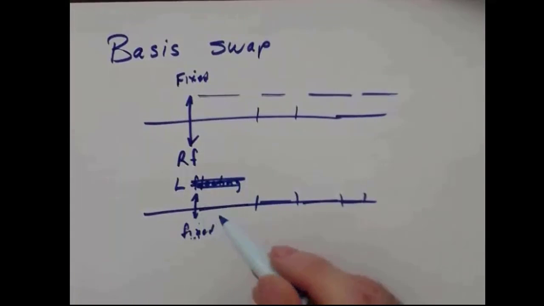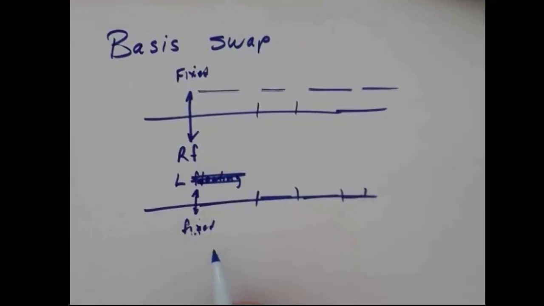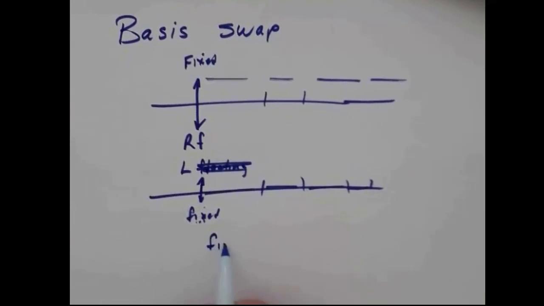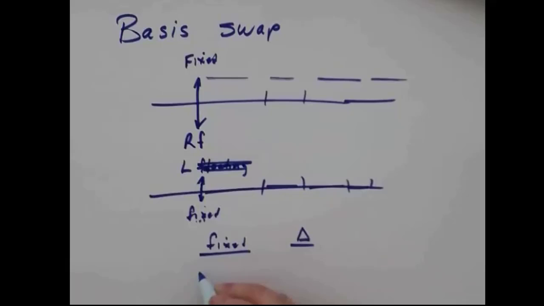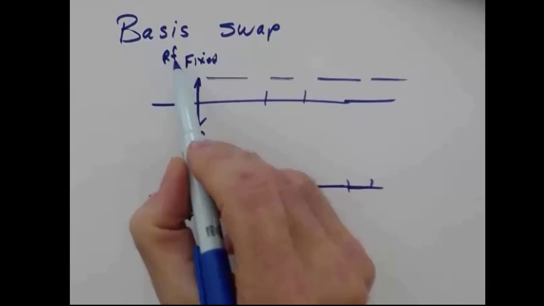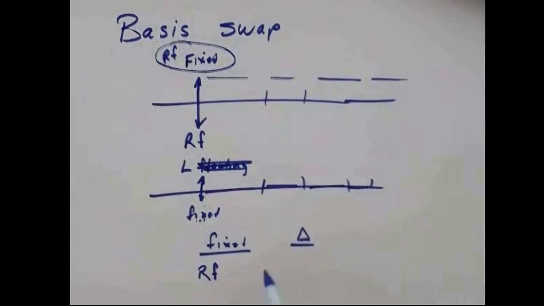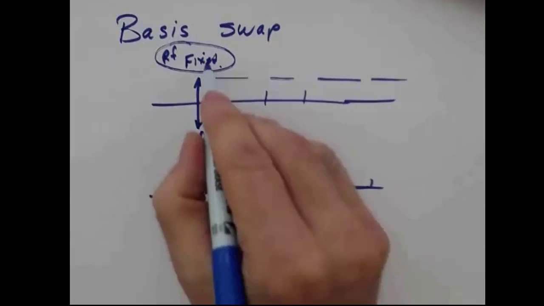So if you look at this, what happens is we're basically looking at a fixed component and then a variable component that changes. And you can look at this as, look, there's a receipt of RF here. There is a fixed cash payment received here, and we'll call that RF, and we'll call that fixed.